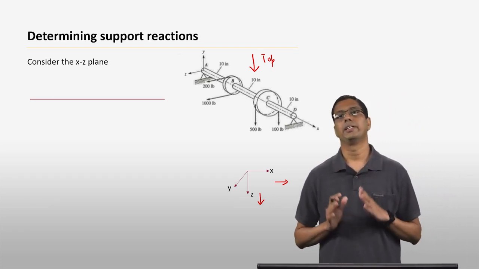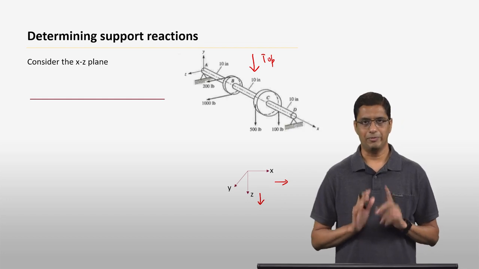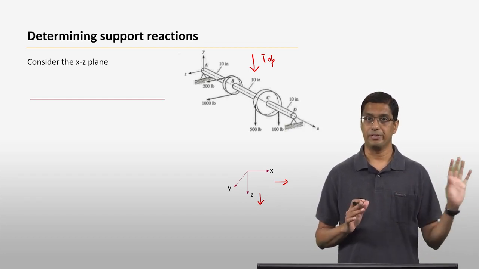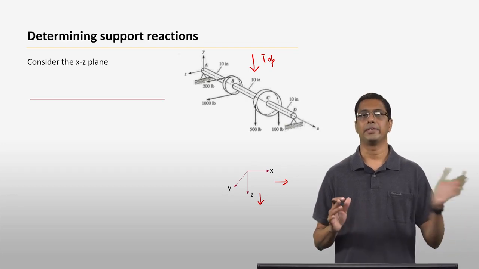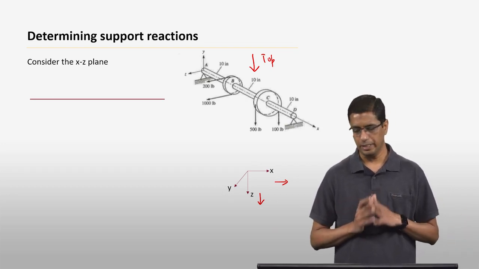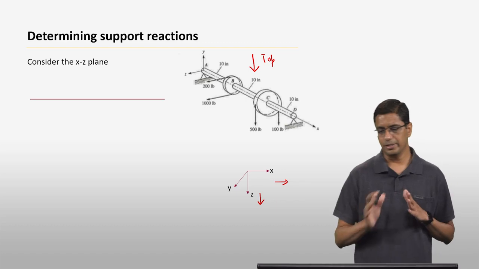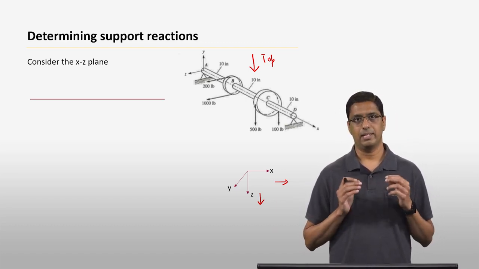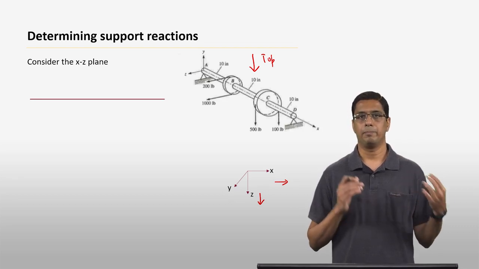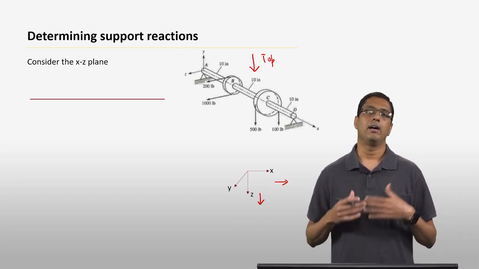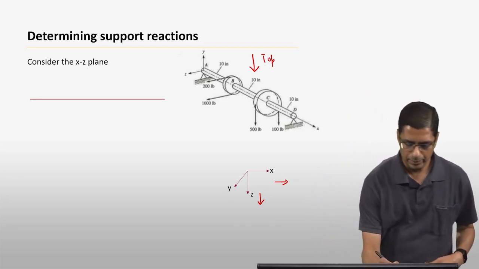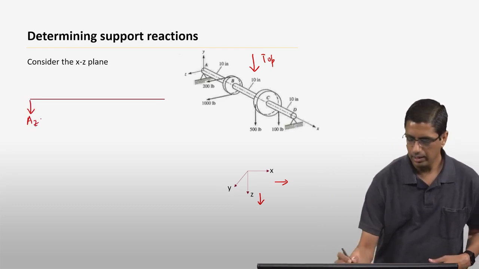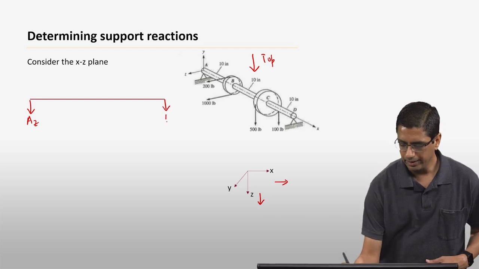When you are given a coordinate system for the problem, you have to use that. You can't use a different coordinate system. If you choose to use a different coordinate system, ultimately you have to come back to the initial coordinate system. Given this coordinate system, I am going to assume that the reaction forces at point A and point D are in the positive z direction. So I'm going to put my Az downwards and my Dz downwards.